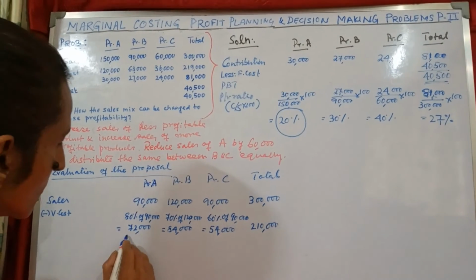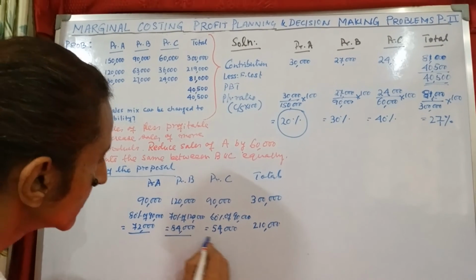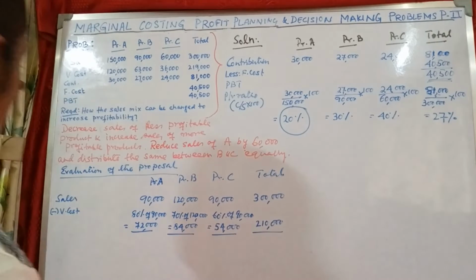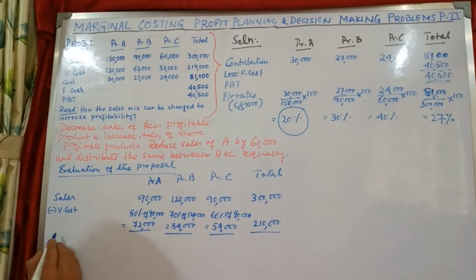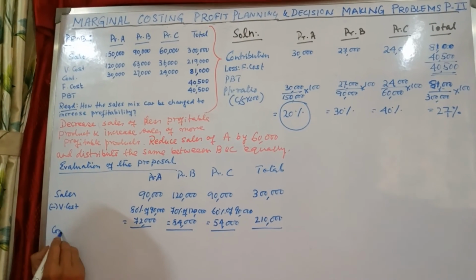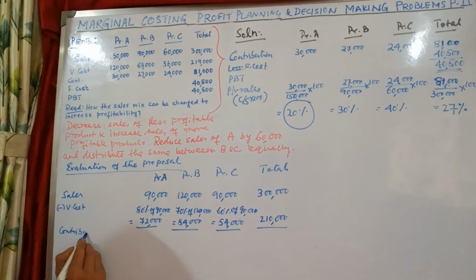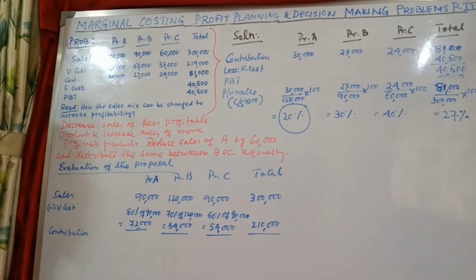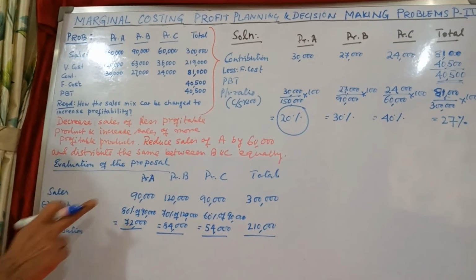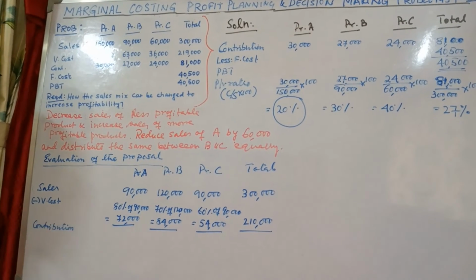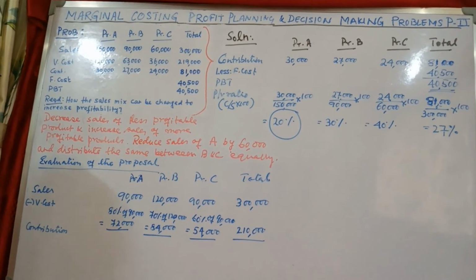So here we find out the contribution, that is sales minus variable cost. So contribution, here it is 90,000 minus 72,000, that is 18,000.